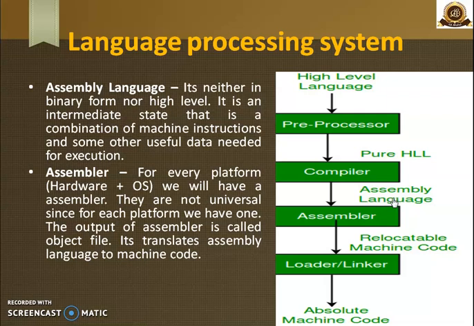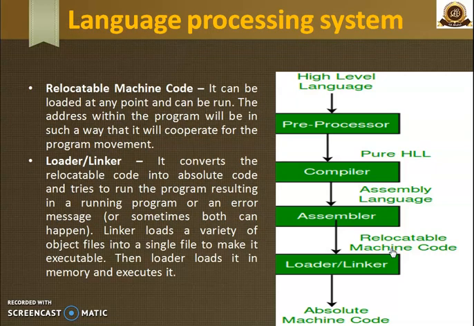So once the assembler takes the assembly level language, then we are going to convert it into the relocatable machine code. So we have two types of machine code, first is relocatable machine code, second one is absolute machine code. So relocatable machine code, we can locate the machine code at any point of the computer RAM.